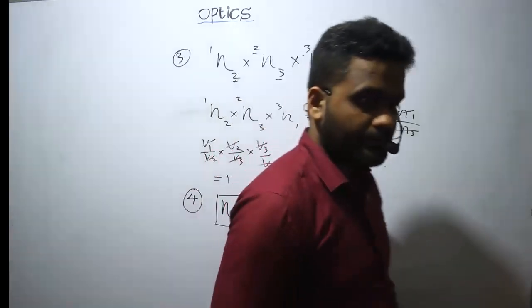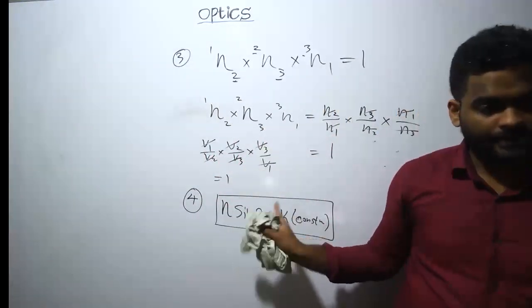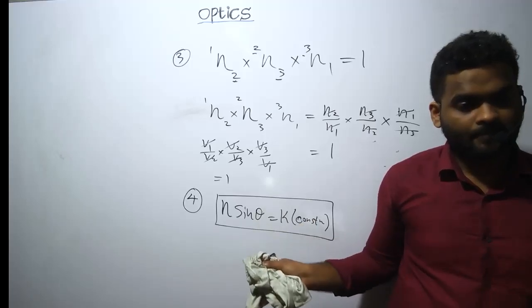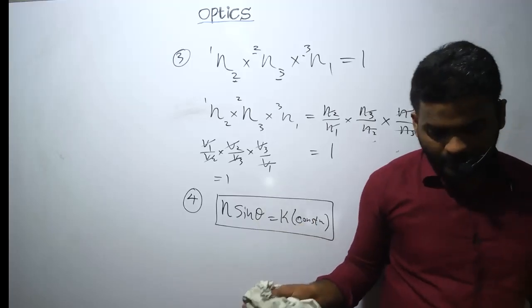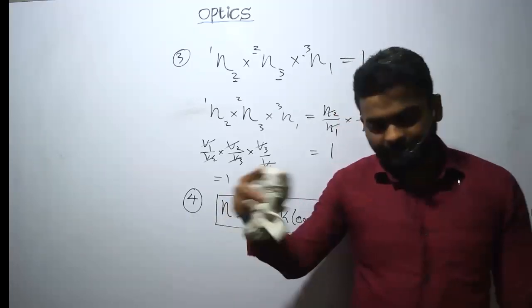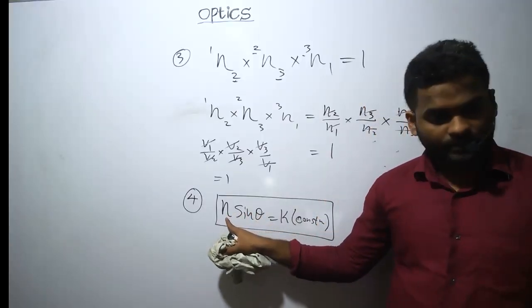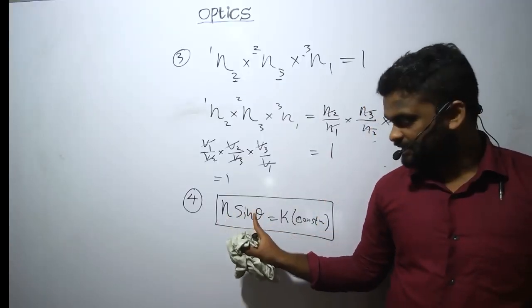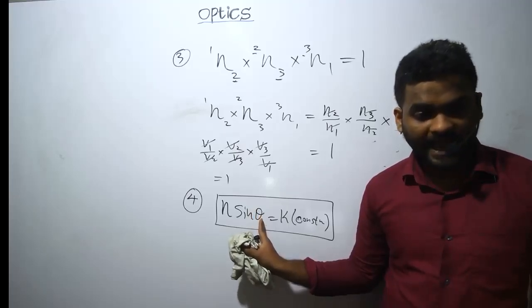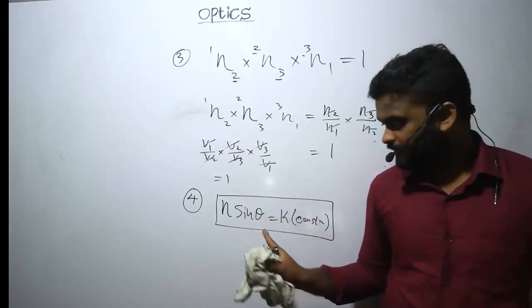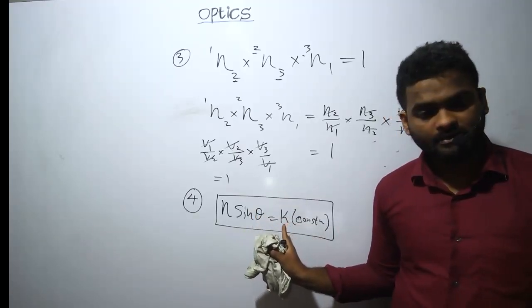This is one of the most useful ones. The meaning of that is, for a given medium, the absolute refractive index and the sine value of the angle inside that medium give a constant.